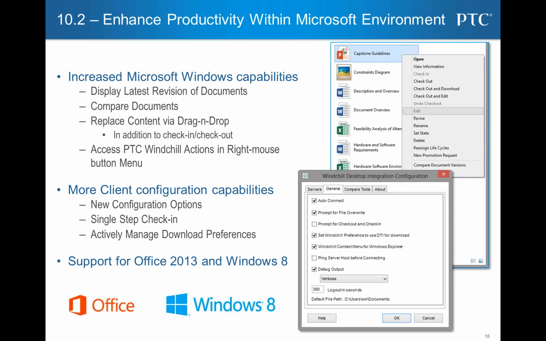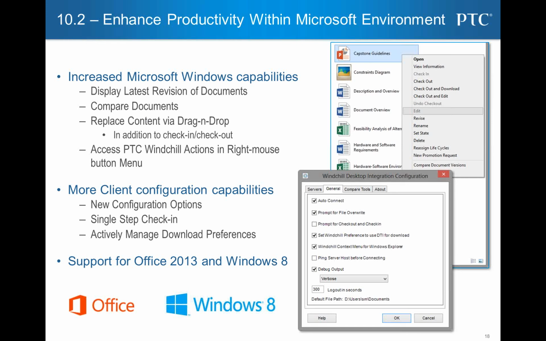And then when they make changes, all they want to do is publish it. They're the only ones making changes. They're using Windchill really just to provide visibility to the changes. So what you can do is, instead of having to check that out and check it back in, you can just make the changes to the document on your desktop and drag and drop and replace it with the latest content on the server.